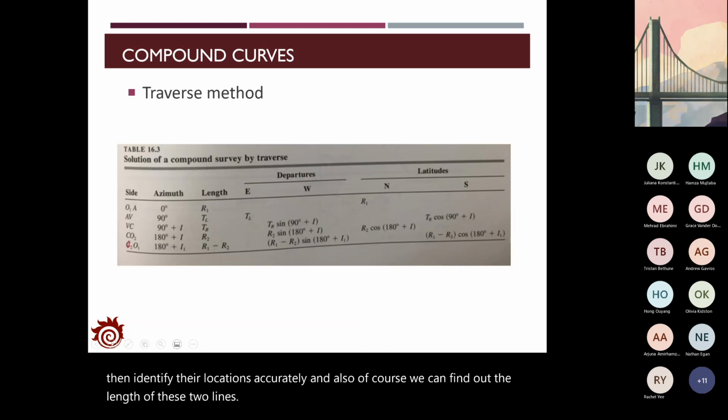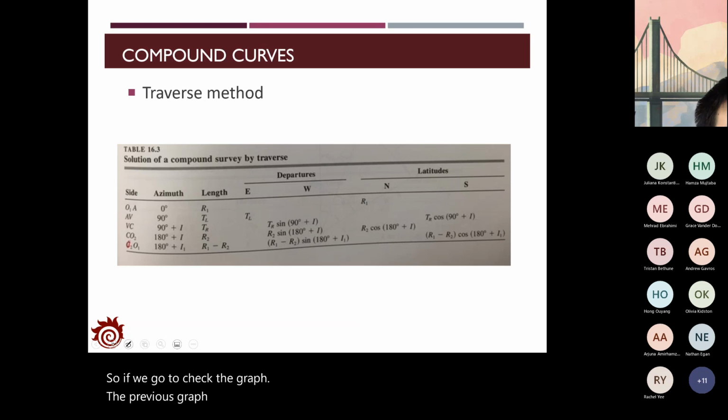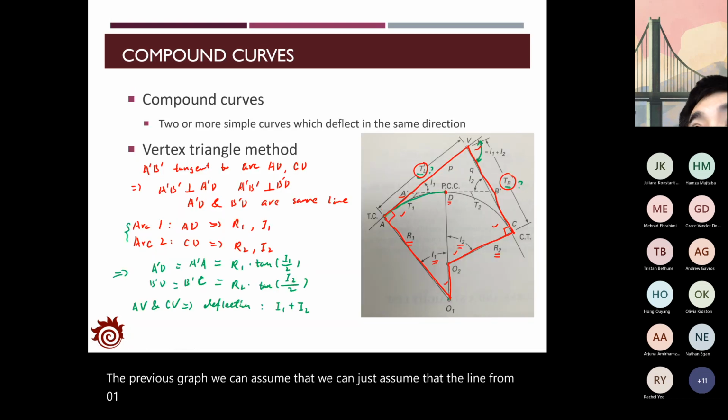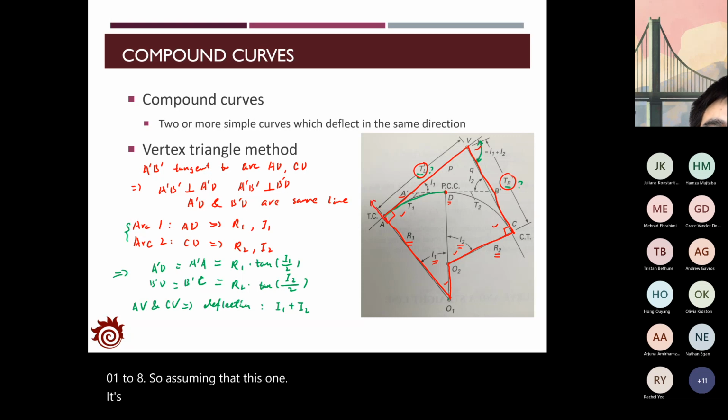So if we check the previous graph, we can assume that the line from O1 to A is in the true north direction.